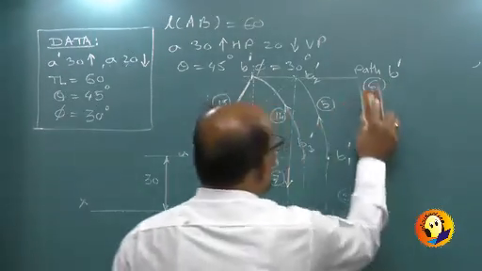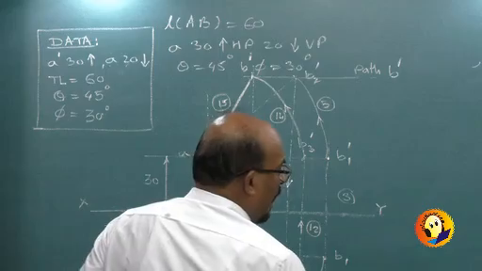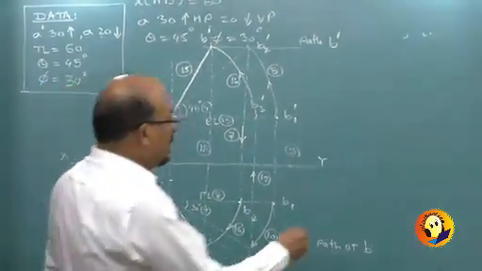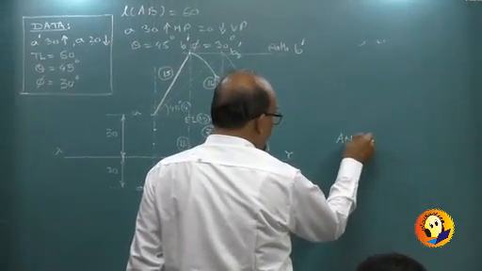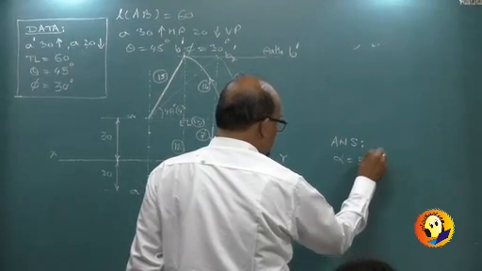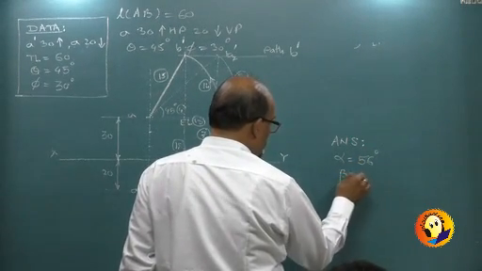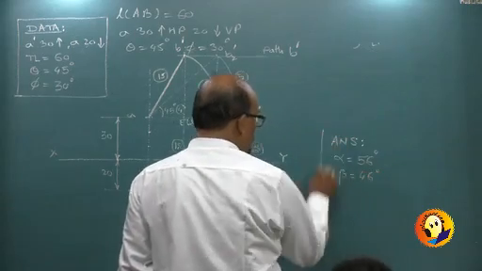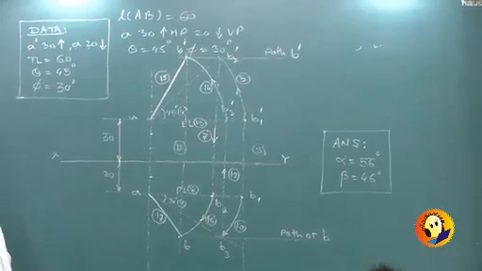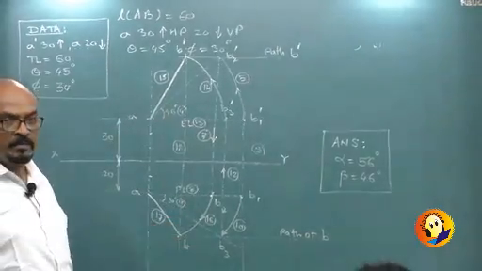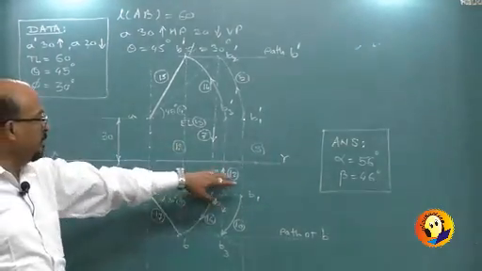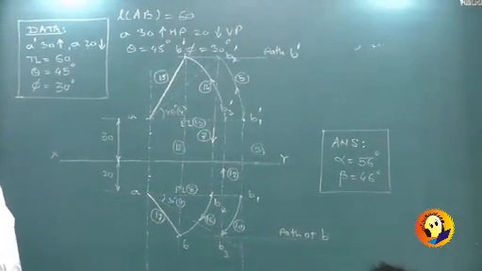Out of the entire thing, path of B dash and path of B are the two things which you need to write. You will have to write them. And then answer, you will say it is alpha equal to 56 degrees, beta equal to 46 degrees. This is how the problem should look like. Of course, without numbering. Naming would be useful, but not these numberings, not even those arrows.